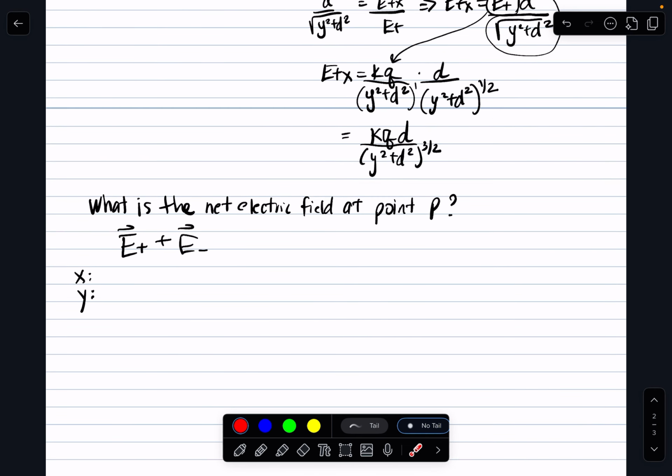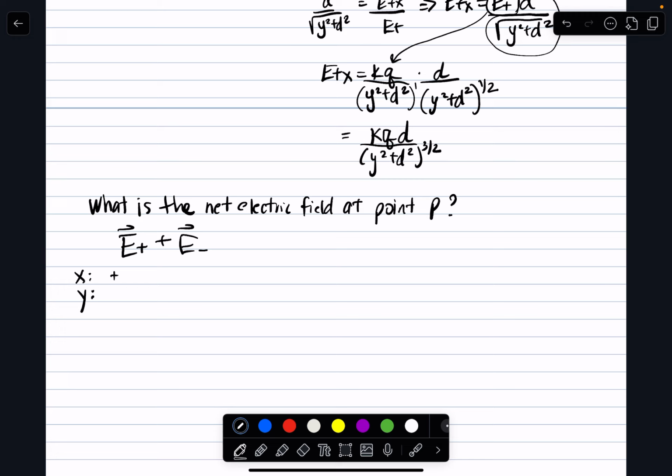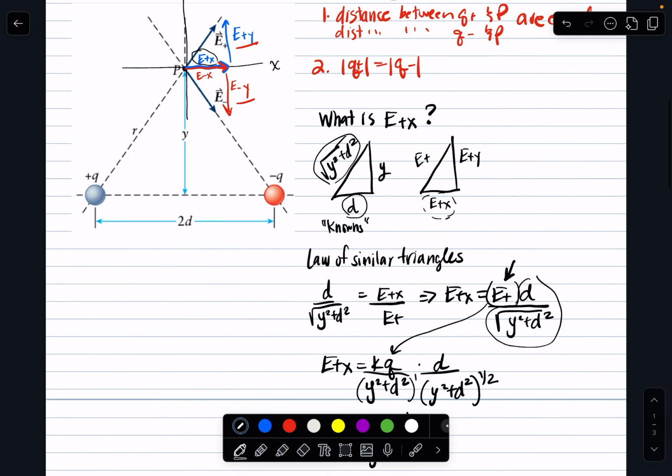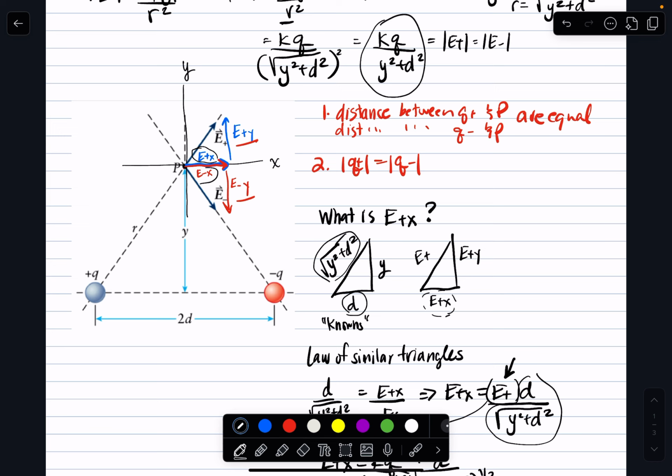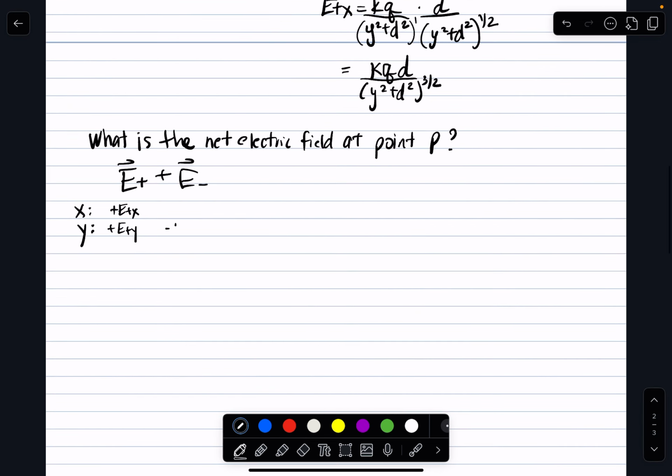So let's go ahead and write, and then let's look at E minus, the components. The E minus X is positive. The E minus Y is negative. So when we add these up, this becomes 0.